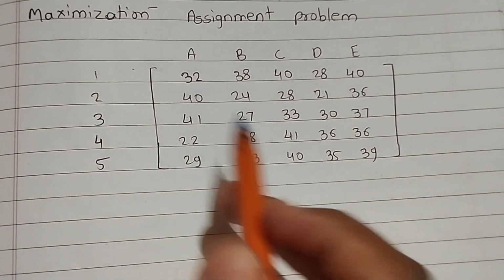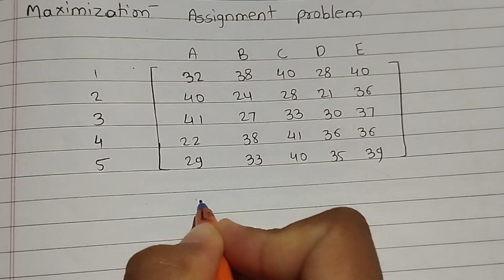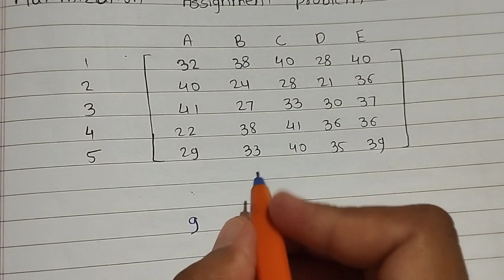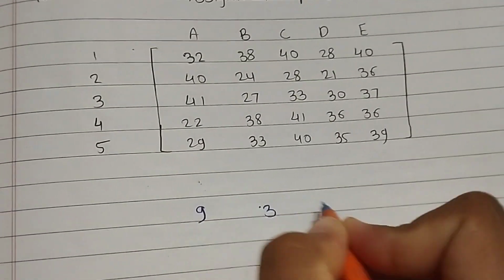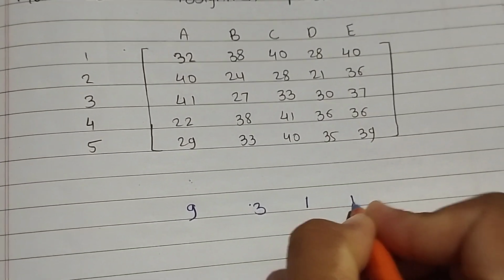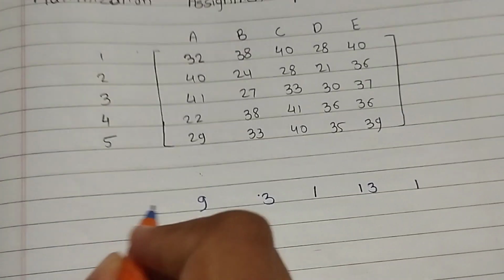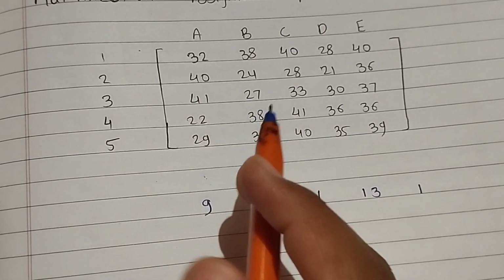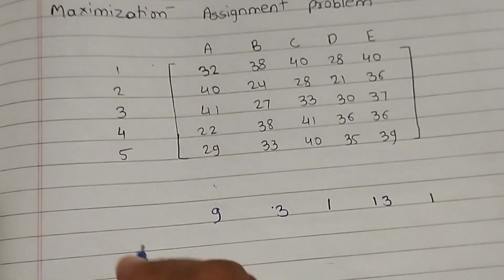So 41 minus 32 is 9. Then 41 minus 38 is 3. 41 minus 40 is 1. Then 13 and 1. We subtract each element from 41 because 41 is the highest value in the matrix.